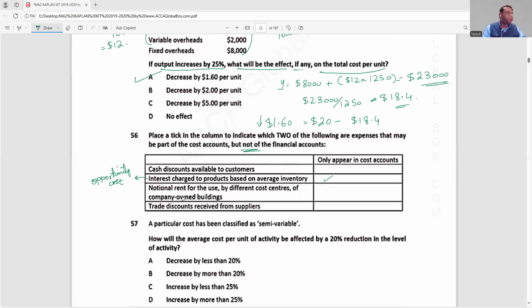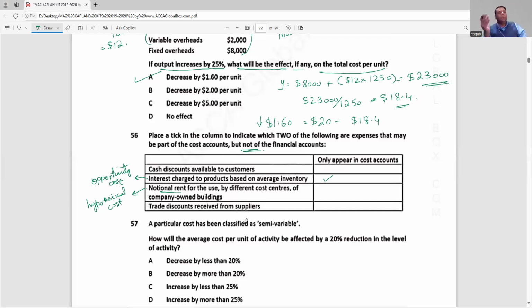Now you are going to lose this opportunity, and you will earn profit from the inventory instead. So your loss of interest is opportunity cost. Personal rent notional is called hypothetical cost. Hypothetical means you own your building, for example, your business premises, but still you are deducting rental.